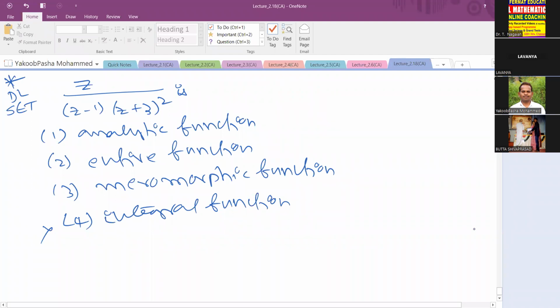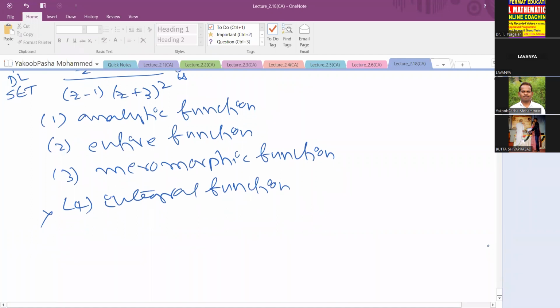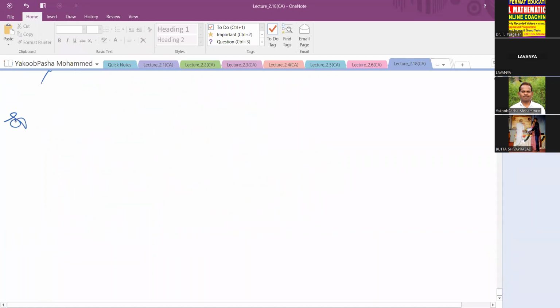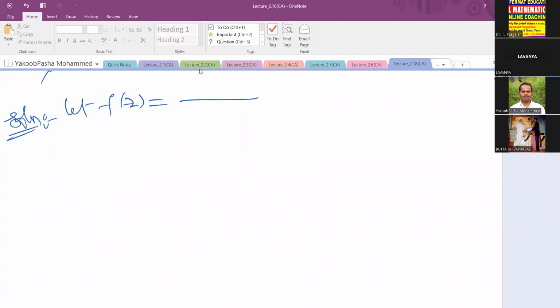First we are taking singularities. Let the function f of z is equal to z by (z minus 1) into (z plus 3) whole square. Okay.